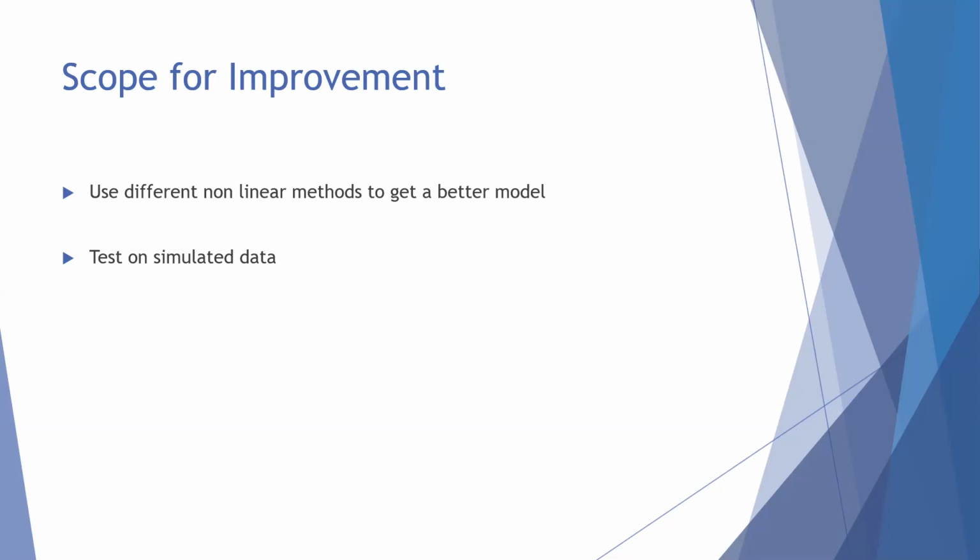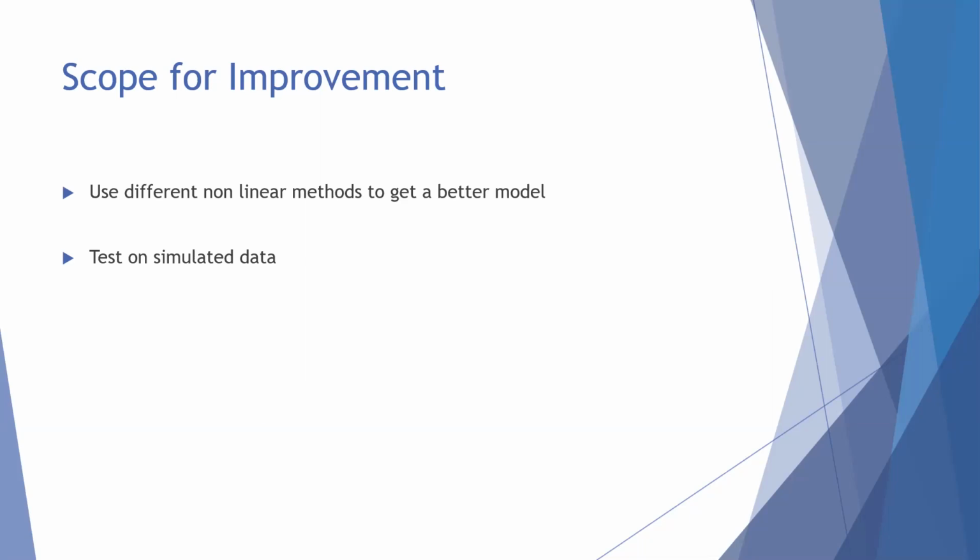So to use different methods and get a better model, because while doing the project, one of my main hurdles was the size of the data set. While trying other methods, what I came across was it was taking a lot of time, and most of the times it didn't even finish.